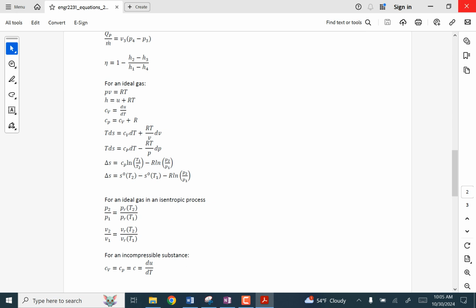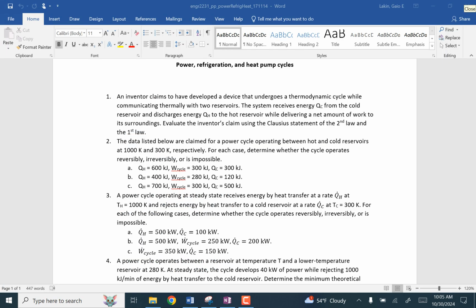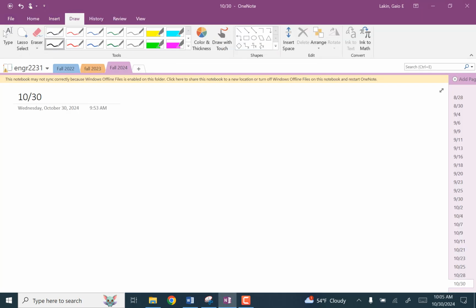Okay, so that's the equation sheet. The big news is exam 2 is on Friday. The topics for that are everything, so be ready for stuff from earlier too, but up through control volumes.